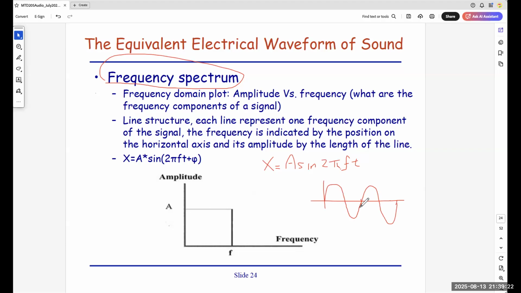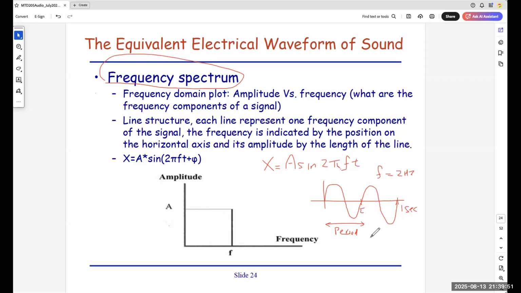This is the period called tau. This is called the period. And of course, I think this is in terms of 1 second. So in terms of 1 second, because there are 2 cycles, f is equal to 2 hertz.